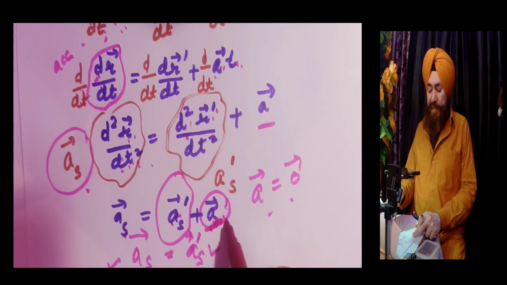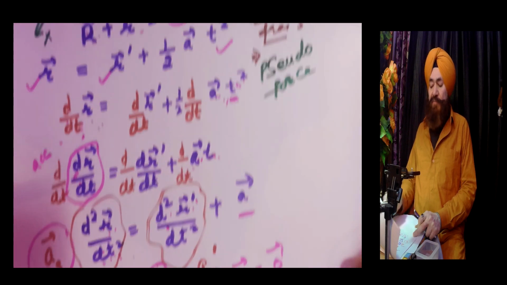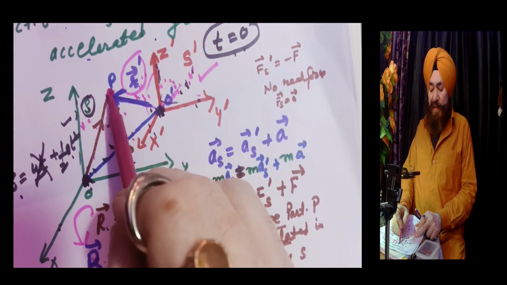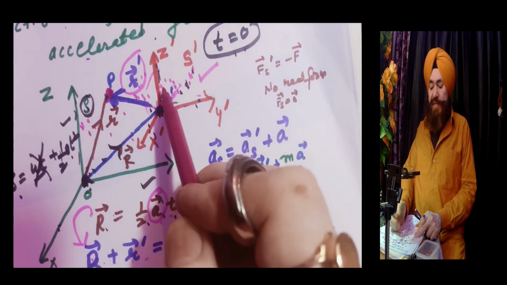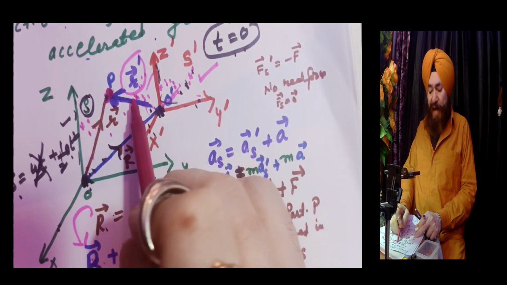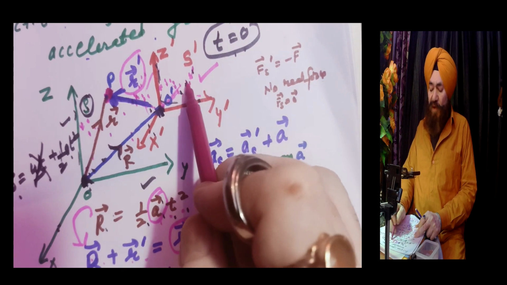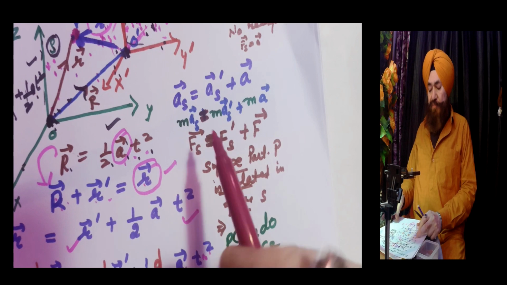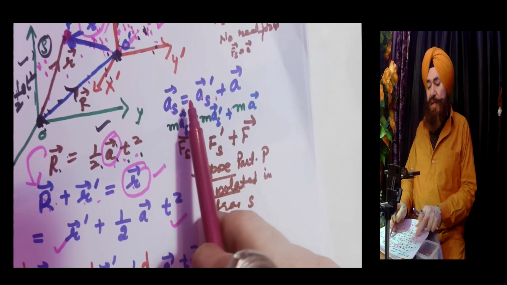But because it is accelerating, these two accelerations will be different. Now the particle is the same. It is accelerating, but its acceleration will be different for S and different for S dash, because this frame itself is accelerating.